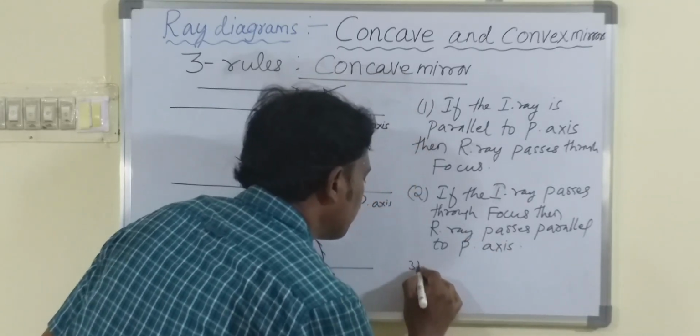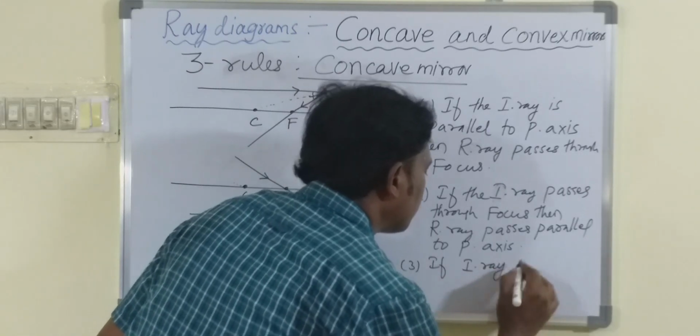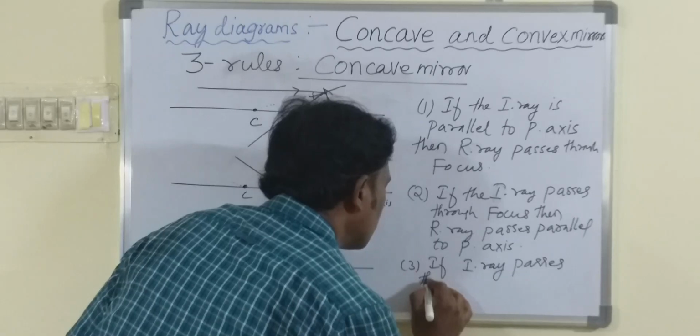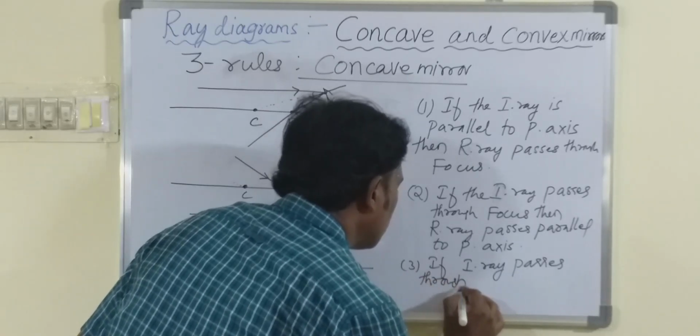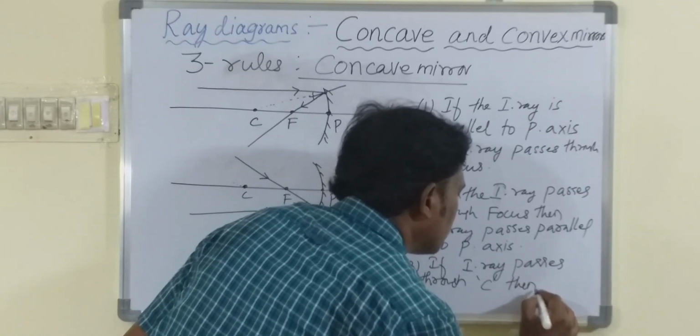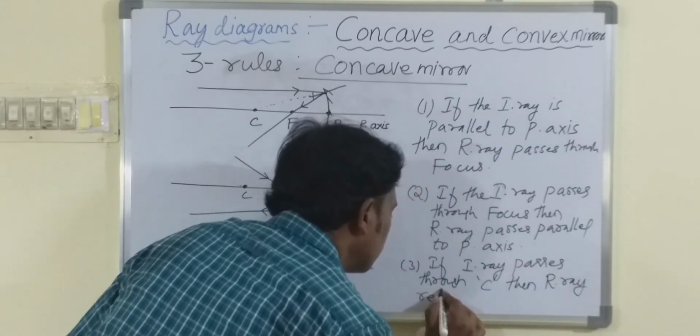And finally, if incident ray passes through center of curvature, then reflected ray retraces its path.